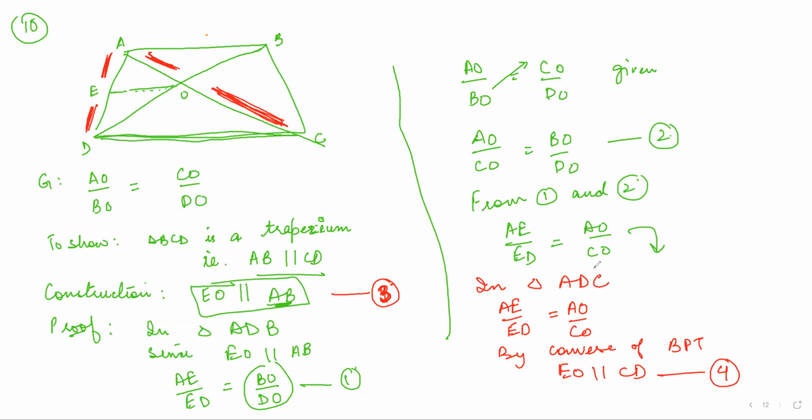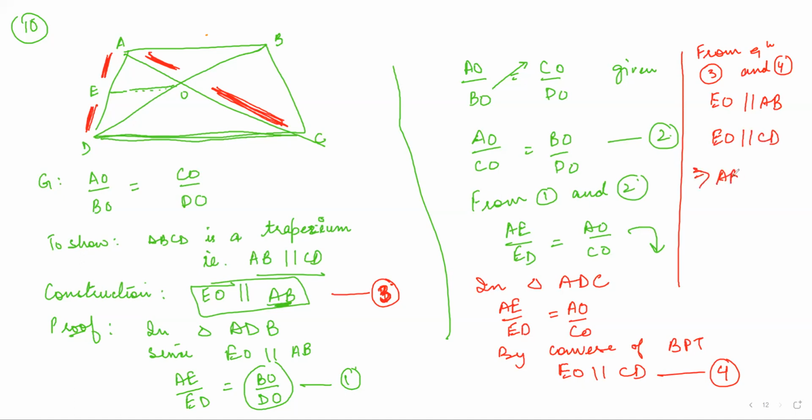So now from equations 3 and 4, you have EO parallel to AB and you have EO parallel to CD. So this implies that AB is parallel to CD. And therefore ABCD is a trapezium.